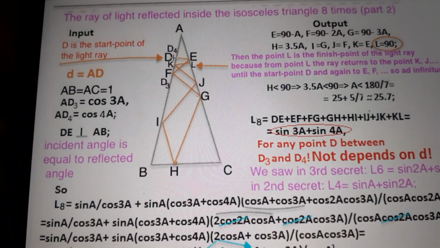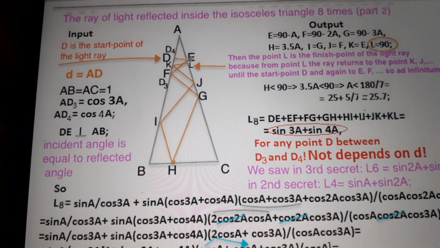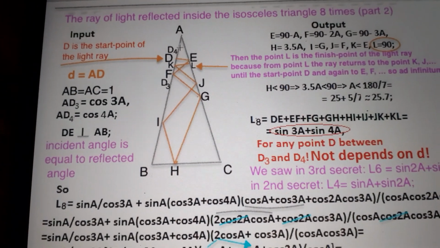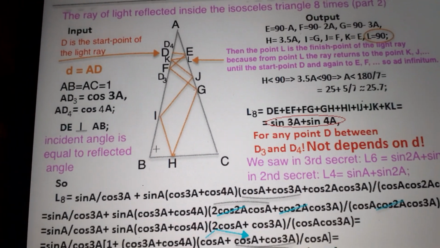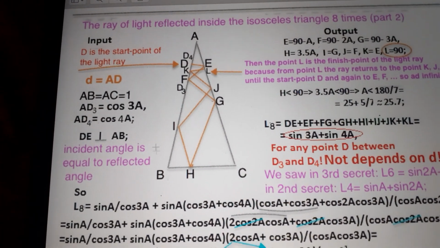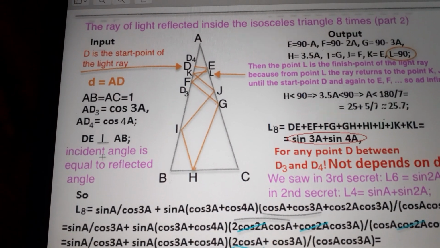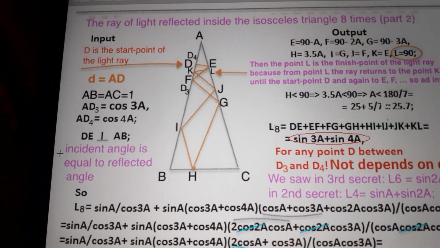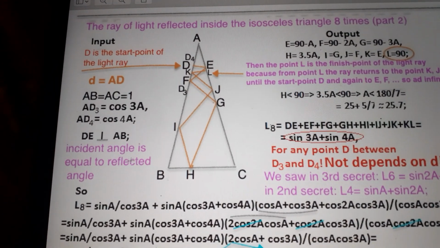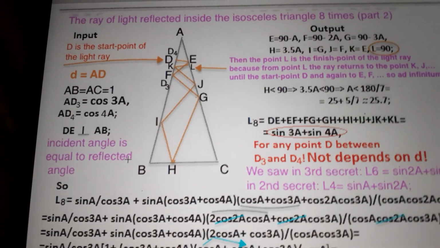The ray of light starts perpendicular to side AB, and also we know that the incident angle is equal to the reflected angle.